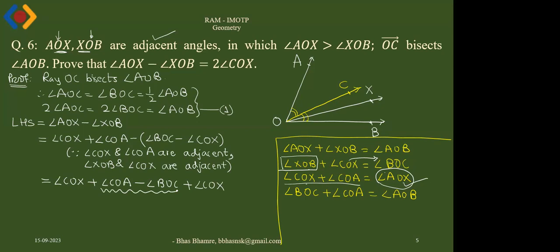COA or AOC is equal to BOC, so we can cancel it out. So we get it is equal to twice angle COX. From 1, angle COA is equal to angle BOC. So they cancelled out, and our LHS is RHS. So it completes the proof.